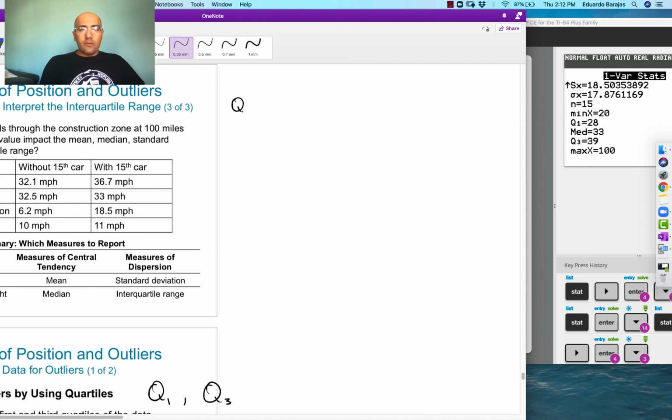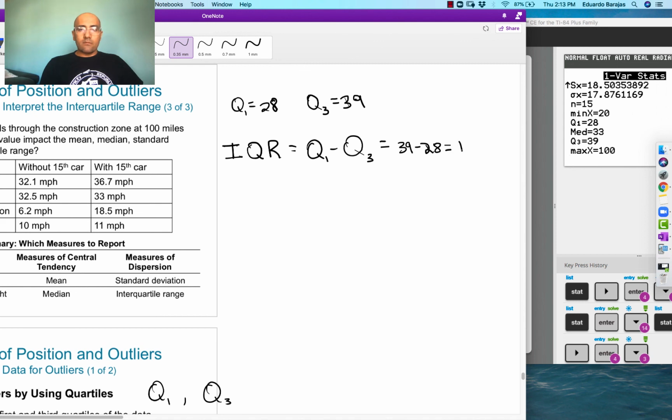So Q1 is equal to 28. Q3 equals 39. So the IQR equals Q3 minus Q1, or 39 minus 28, equals 11.